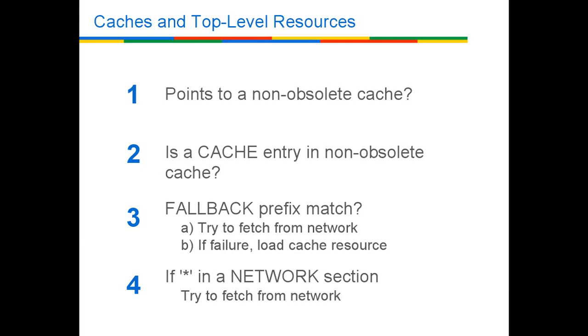And yeah, so the next two, I'm sorry, I kind of covered steps 2 through 4 all in one go. But is it a cache entry, and then is it a fallback prefix match? Notably, if it matches a fallback prefix, and the resource associated with that prefix gets loaded, then the document will see its URL as being the URL of the failed resource.